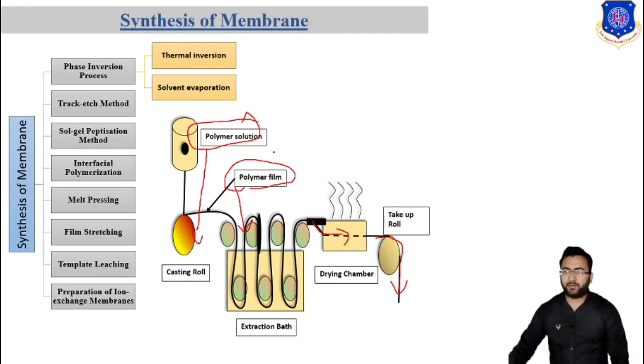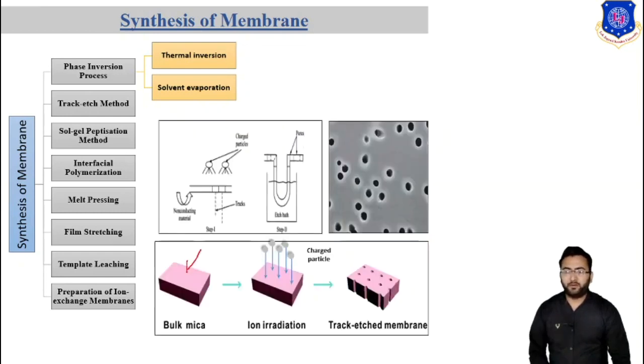Now let us discuss the next method, which is the track-etch method. In the track-etch method, a film is used and charged particles strike on this film. Due to that, the pores are made. These pores are cylindrical pores.